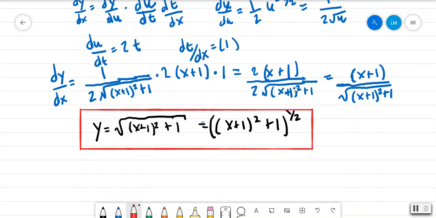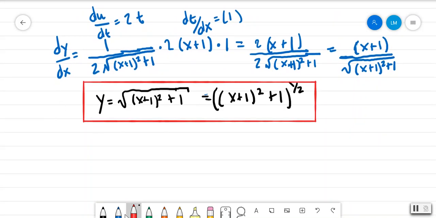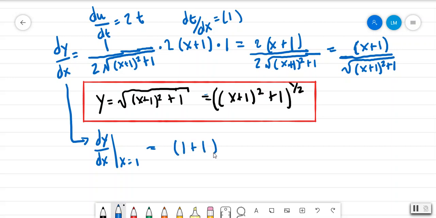Okay, so let's go back to our original question, where we're going to find the derivative at 1. Notice that in this case, dy/dx at x equals 1 becomes 1 plus 1 divided by the square root of (1 plus 1) squared plus 1.